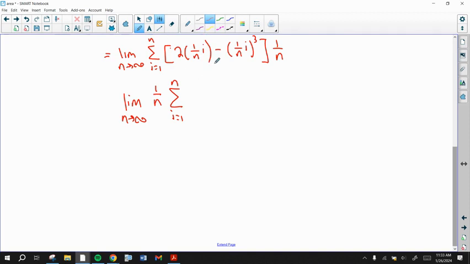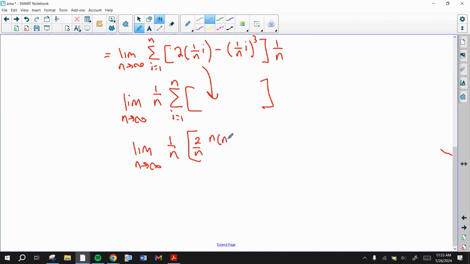So I'm going to use my summation formulas. The summation of i is n times n plus 1 over 2. The 2 over n was a constant, and the summation of i is this formula.